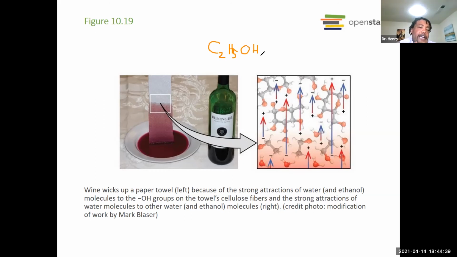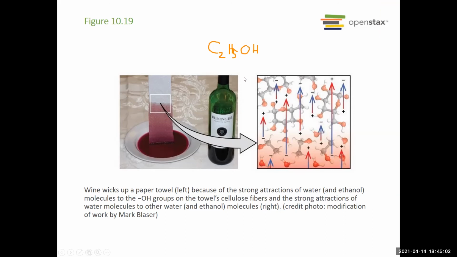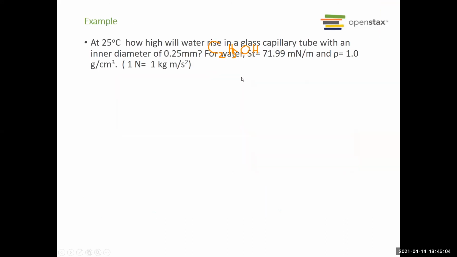It's going to have particular hydrogen bonds. Yeah, when in doubt, it's always intermolecular forces, right? So you guys are starting to see how it plays a part in it, right?